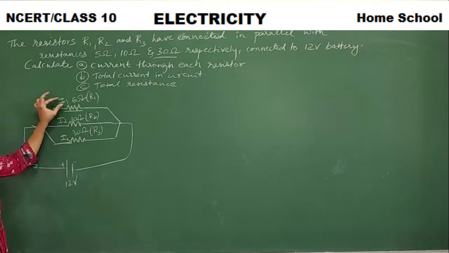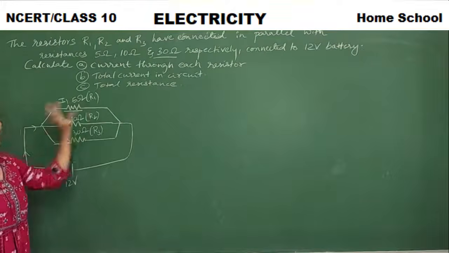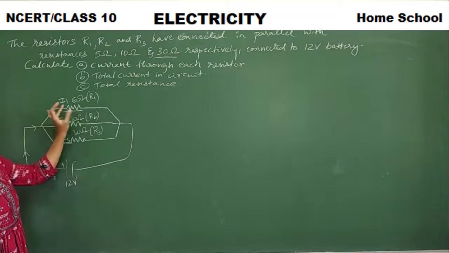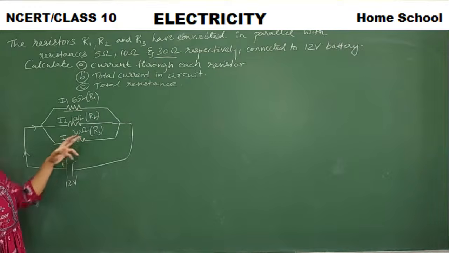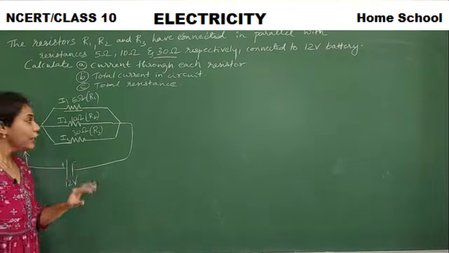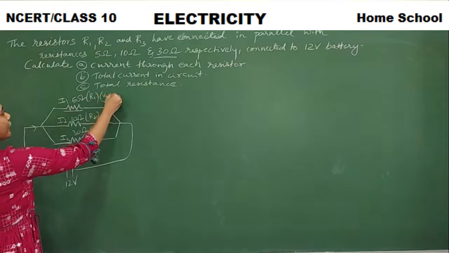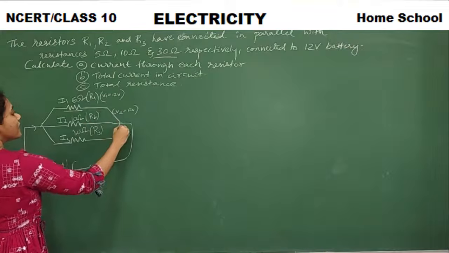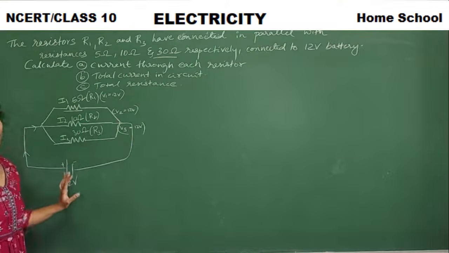We have to calculate I1, I2 as well as I3, and the voltage is the same. The total voltage is 12 volts: the voltage across R1 is 12, across R2 is also 12, and across R3 is also 12. So V1 is equal to 12 volts, V2 is equal to 12 volts and V3 is equal to 12 volts, in case of parallel.